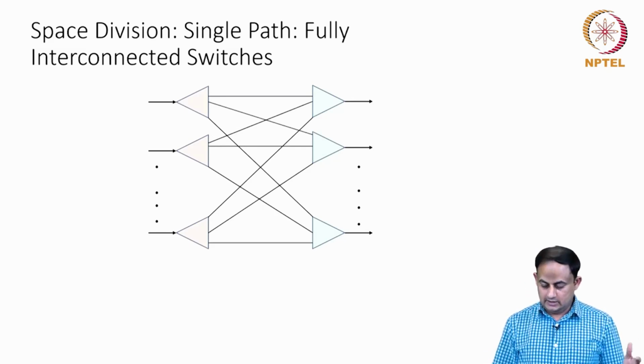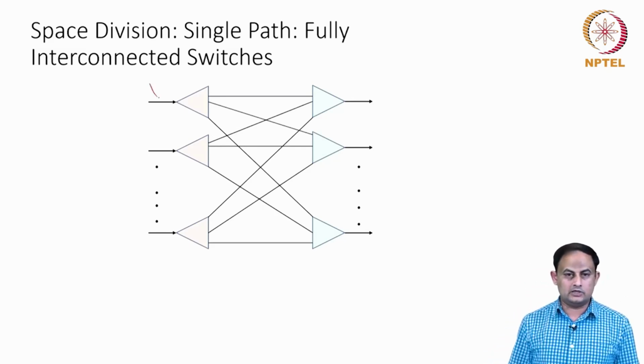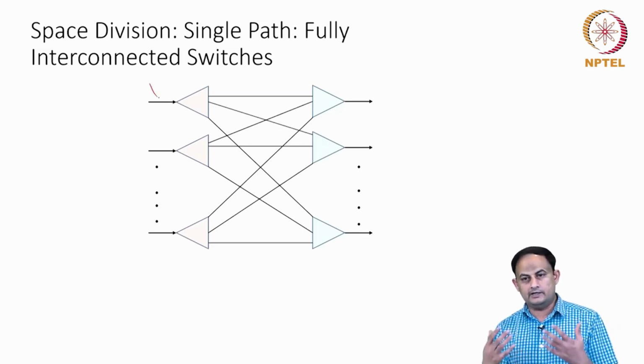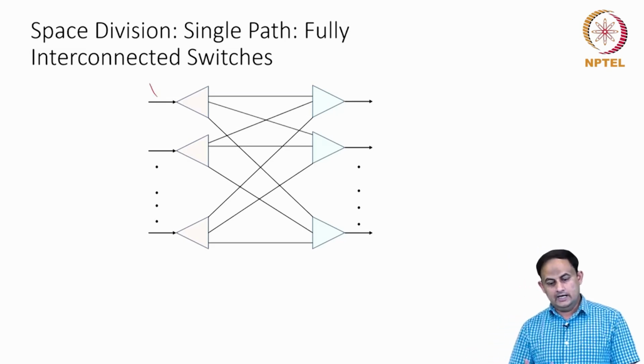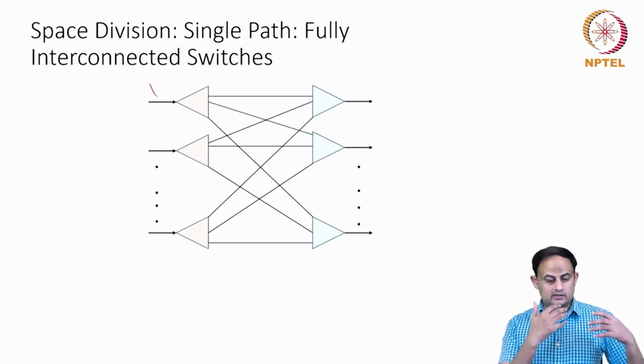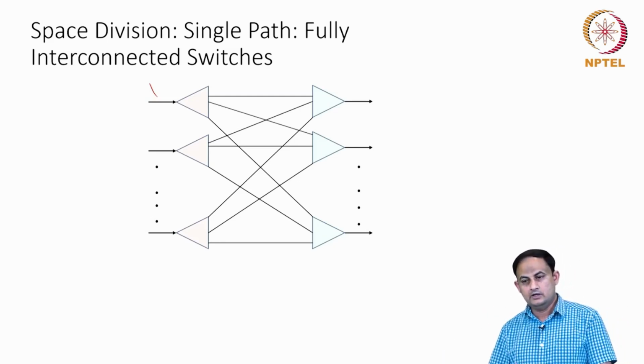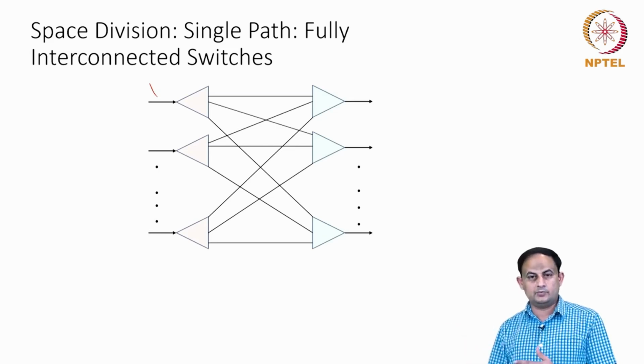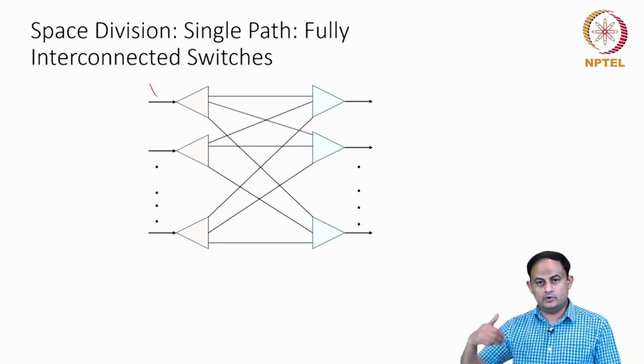So when input port number 1 wants to transmit, it can make an independent decision of transmitting. What can happen is that the packets or transmissions from input port number 1, 2 or some other port can collide at the output port, and thereby you bring in the issue of output blocking.